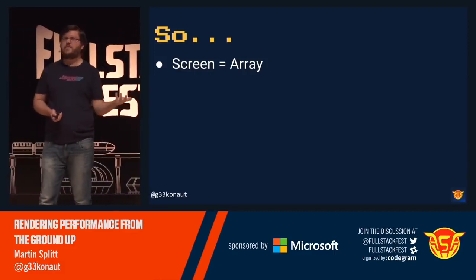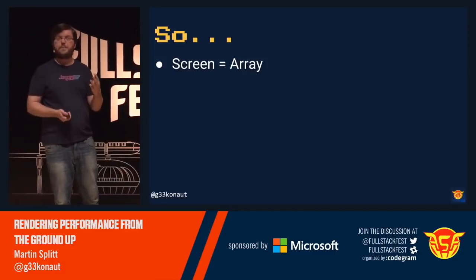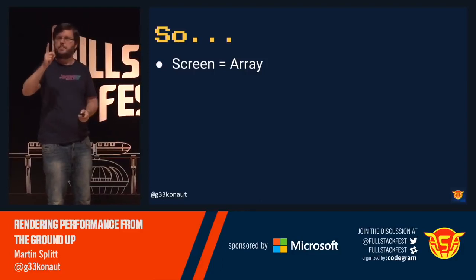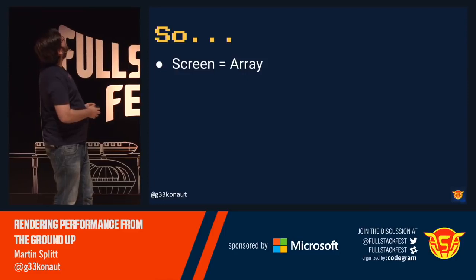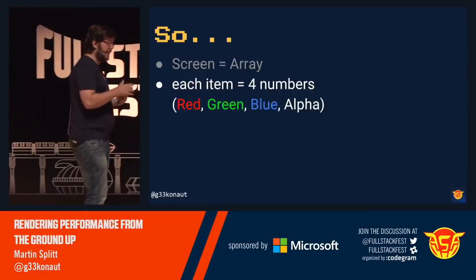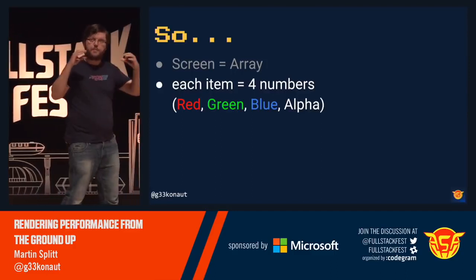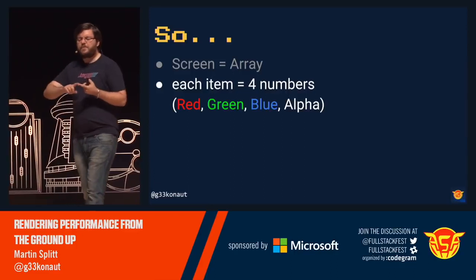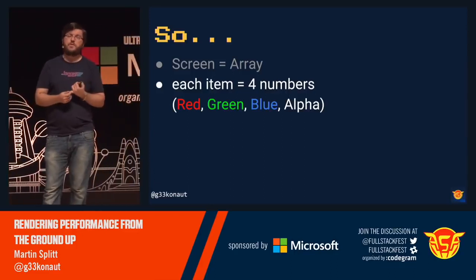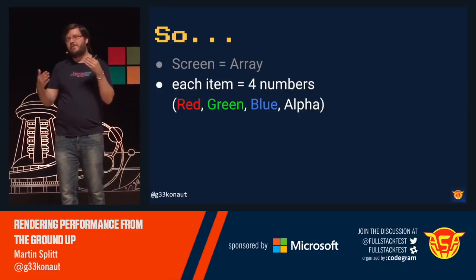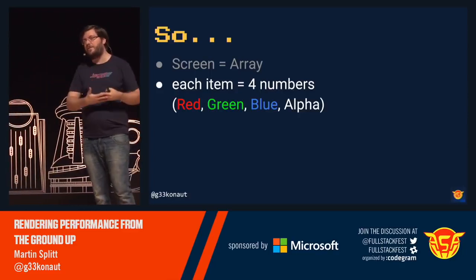If the screen is just an array of numbers, 3 numbers for 1 pixel, 3 numbers enter, 1 color leave, to use Thunderdome. If that's an array, and each of these array items is technically like 4 values, it depends a bit on how we want to structure this array. And they represent red, green, blue, and maybe also transparency. Now, well, the screen can't turn transparent, but we might have multiple colors that we want to overlay onto each other.